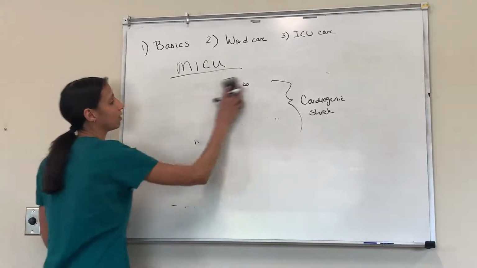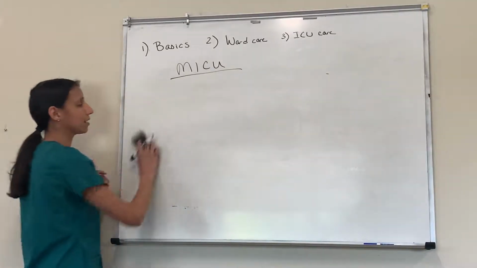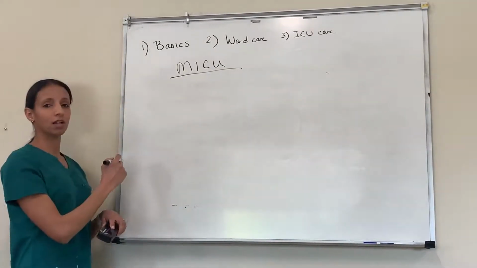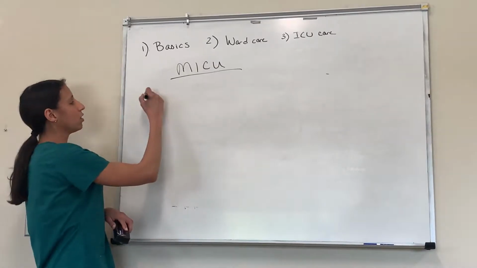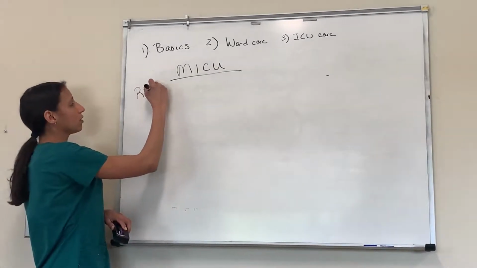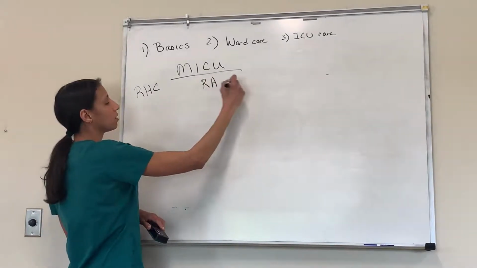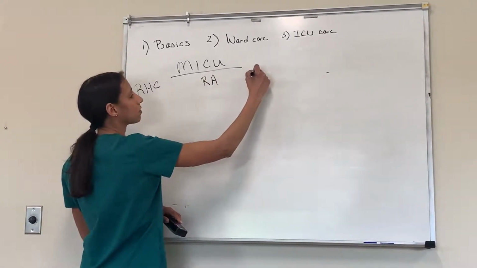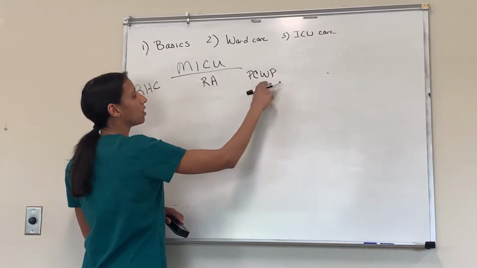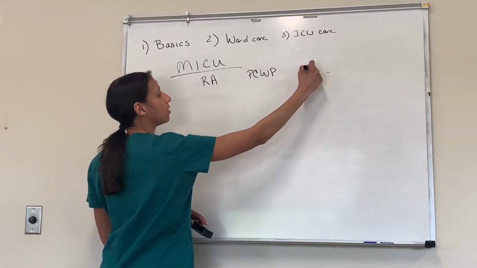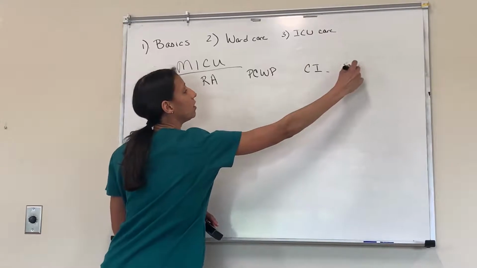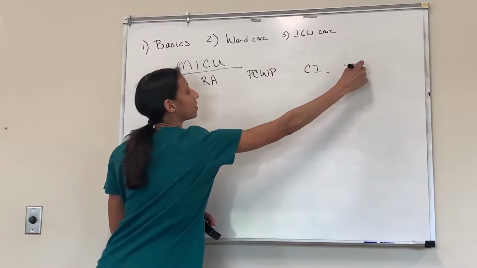So very generally, because it gets complicated quickly, and I promised you not a long talk on cardiogenic shock, when you're doing your right heart cath or your Swan, there's a couple of numbers you're looking for. So your RA pressure, your pulmonary capillary wedge pressure, your cardiac index, and your systemic vascular resistance.